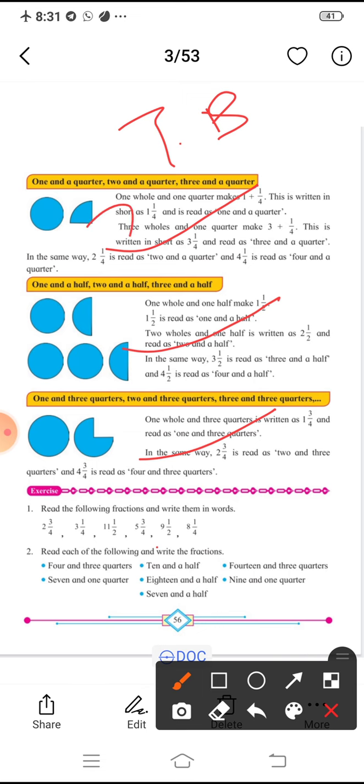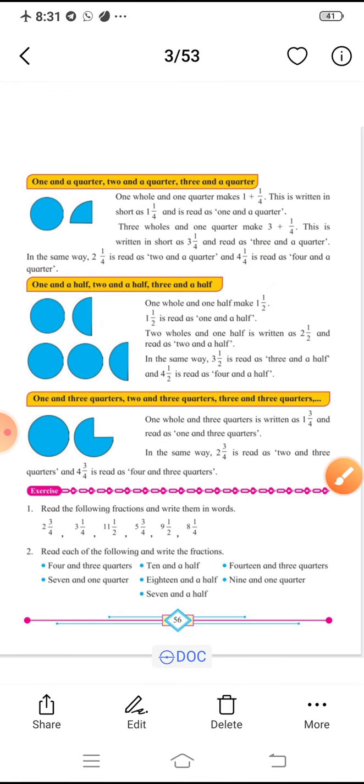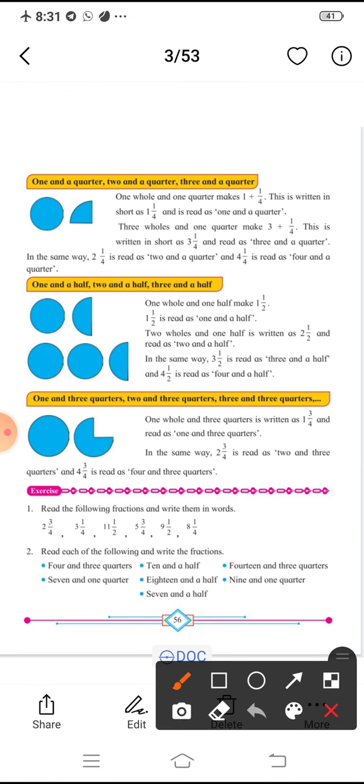Then start with the exercise. Okay? I hope, students, you all have understood very easily how we are supposed to read the mixed fraction, how to write it in words and how to write it in fraction. Okay? We will see the next page.